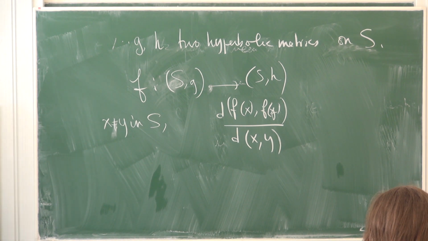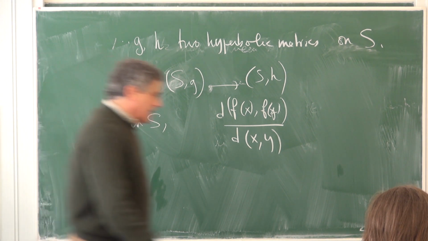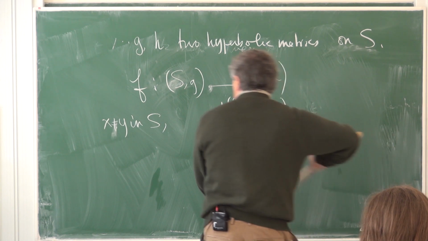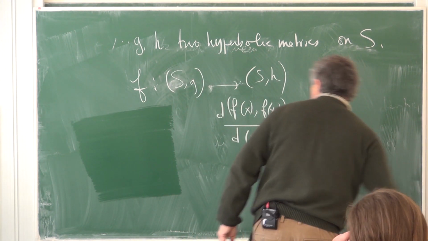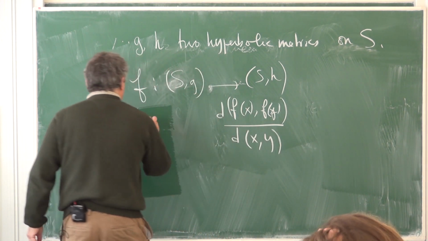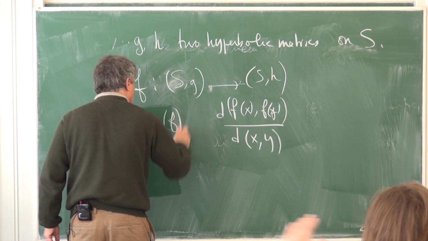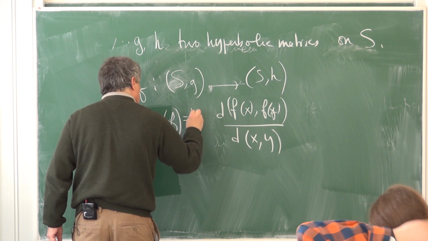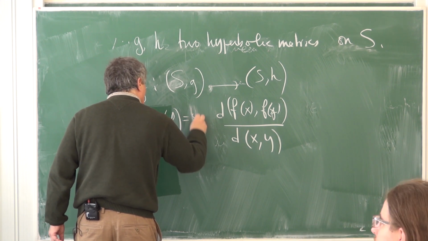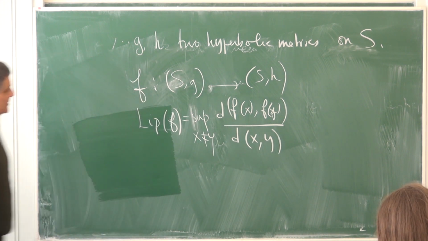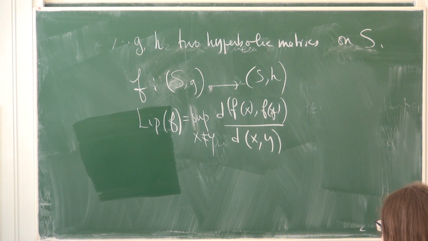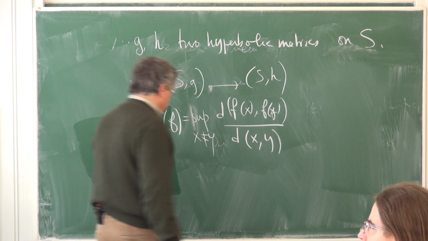And then I can define the Lipschitz constant of f as the supremum over all x different from y of this. This is the natural definition of the Lipschitz constant of f.